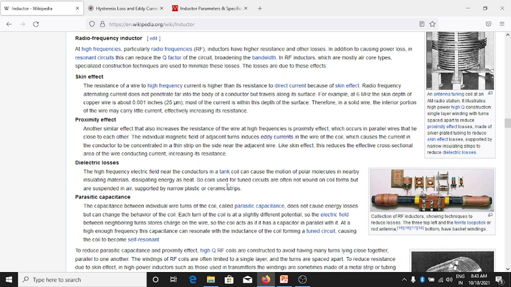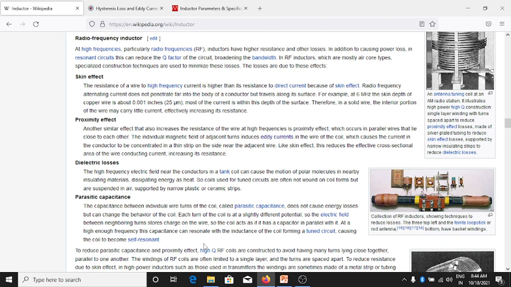So coils used for tuned circuits are often not wound on a coil form, but are suspended in air, supported by a narrow plastic or ceramic strip. Is that clear? Next is parasitic capacitance.